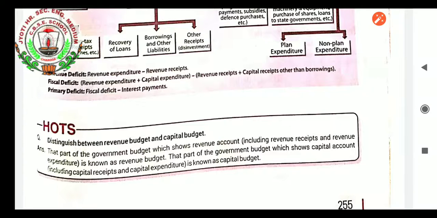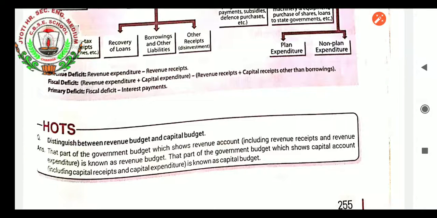Today we will look at these formulas: revenue deficit, fiscal deficit and primary deficit. Because of these, the government is not able to achieve the target it has set. Let us first distinguish between the revenue budget and capital budget.